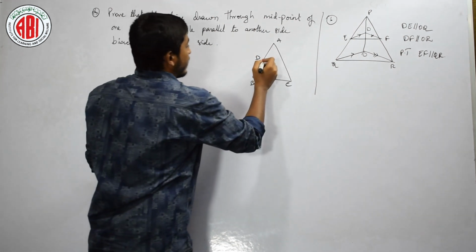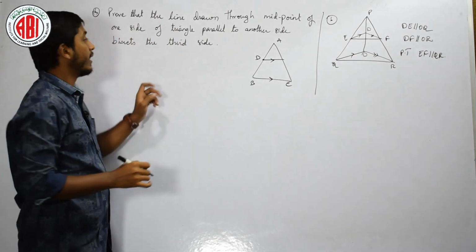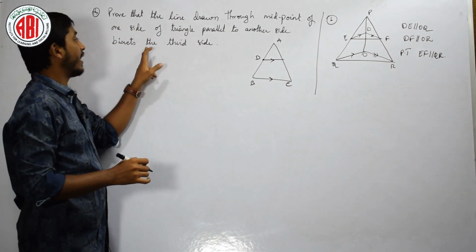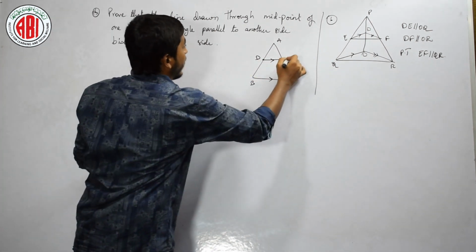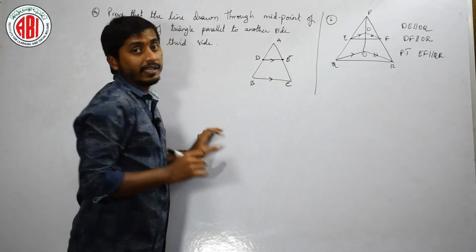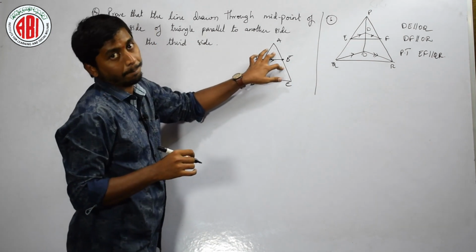If this line passing through D is parallel to BC, then it bisects the third side. Whatever the E it is there, E is the midpoint of AC.